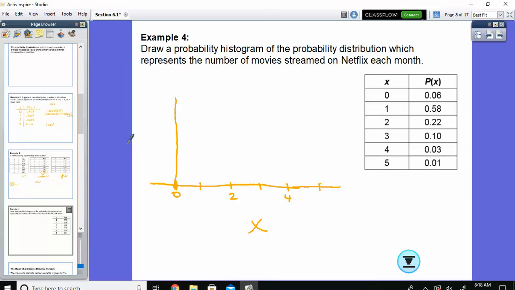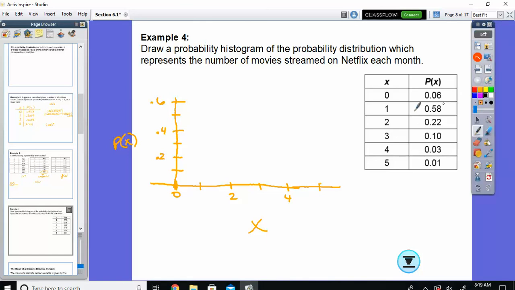And then my probabilities would be on my y-axis. So maybe I count by 0.1. And so then if I'm asking you to draw this, you're just drawing either a bar going up to it, or a lot of times you'll just see a dot with a line going up to it.